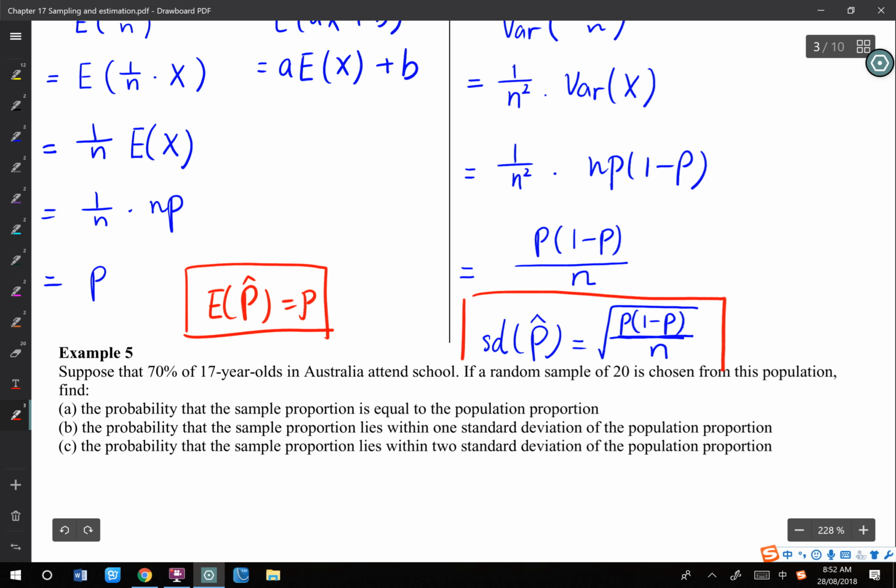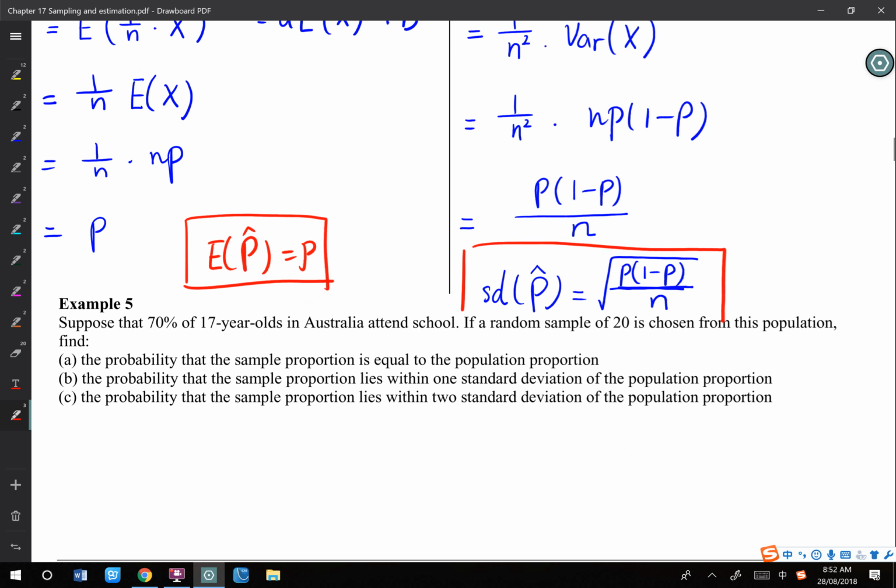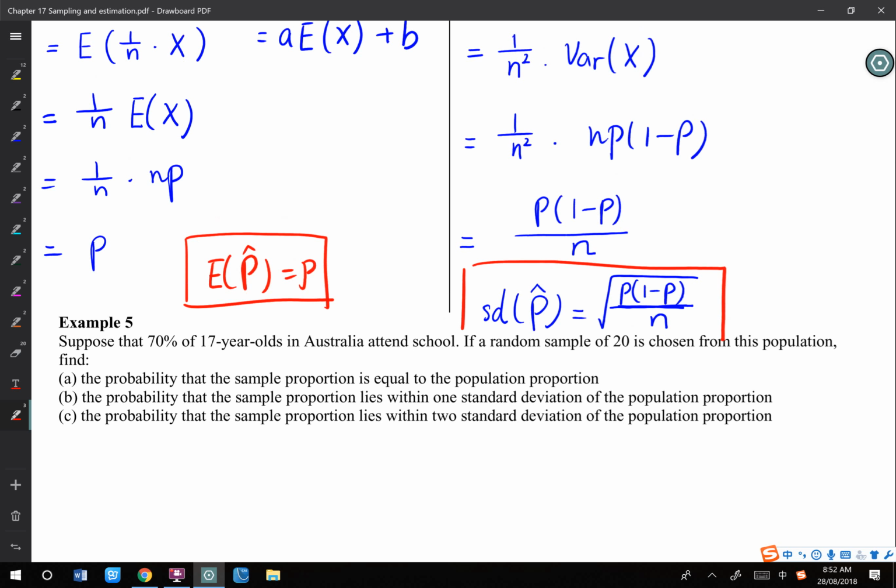But if I go through this with you, even if you forget, you should be able to work it out yourself. Because x is a binomial distribution with n and p, and p hat equals x over n, you can go through these steps and get expected p hat equals p and SD p hat equals the square root of p times (1 minus p) over n. You need to remember them.